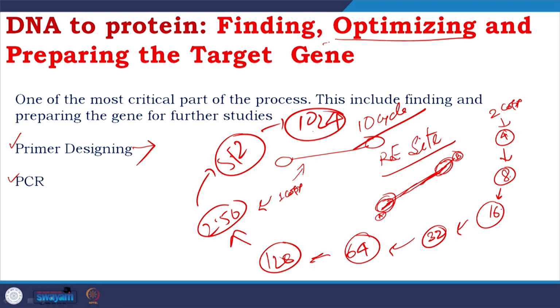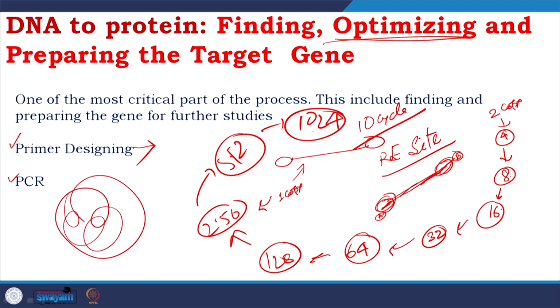More importantly, as a structural biologist, you also do the optimization. What is optimization? Suppose you have a protein. How do you know before the study? There are computational techniques called homology modeling, ab initio and gene threading or fold recognition.